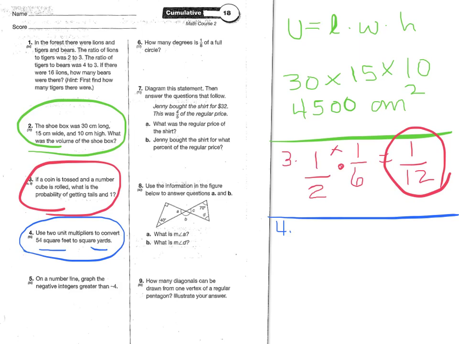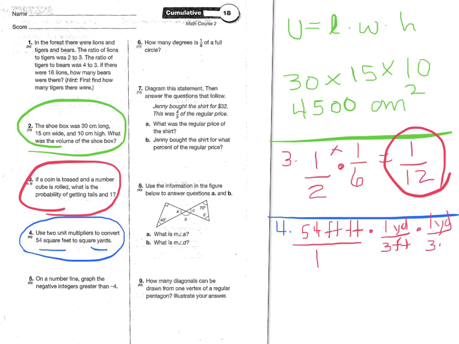So we have 54, and since it's square feet, you're going to say feet, feet, and I put that over 1. And then you want to go to square yards. Well, 1 yard is 3 feet. But it's square yards, so you have to have another yard.